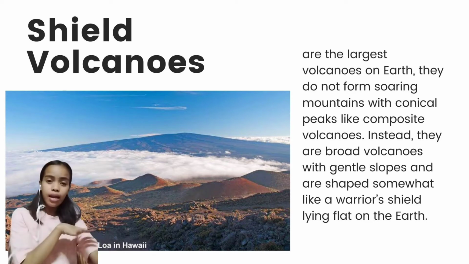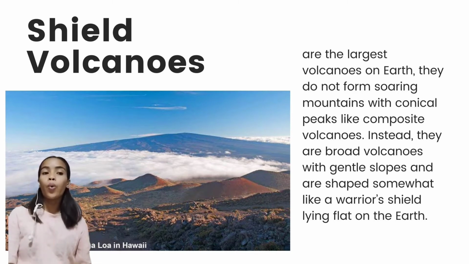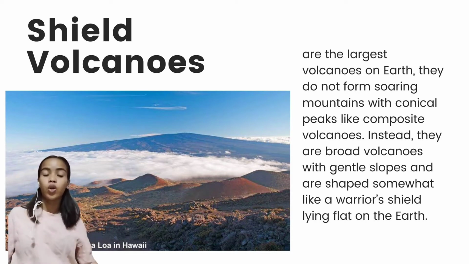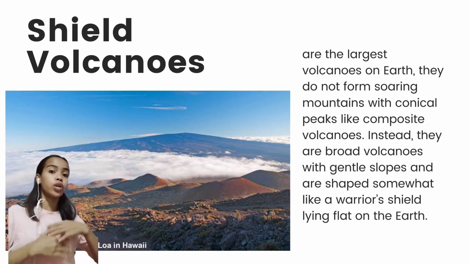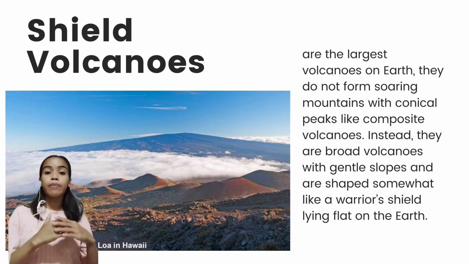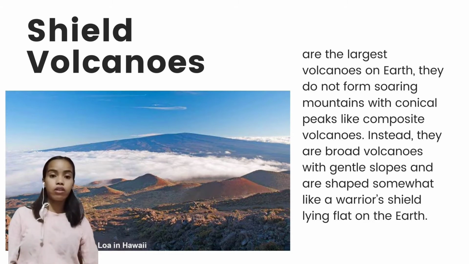Unlike the composite volcanoes or stratovolcanoes, which are the highest volcanoes, shield volcanoes are the largest. As you can see in the picture, it is a flat shape of a volcano. So that's what we call shield volcanoes.